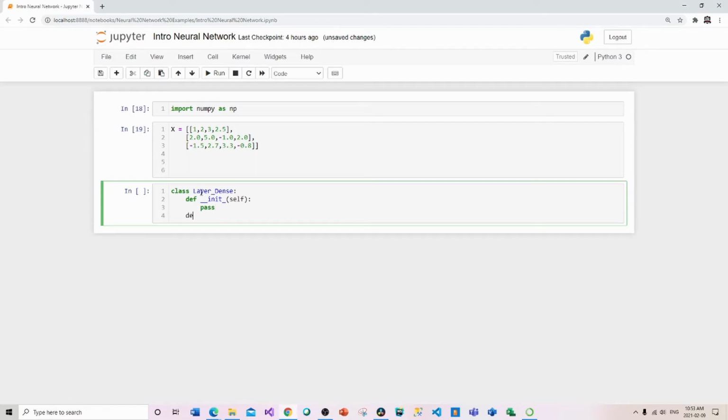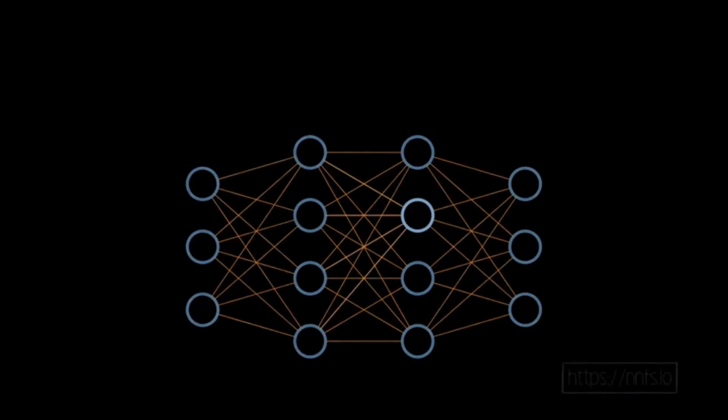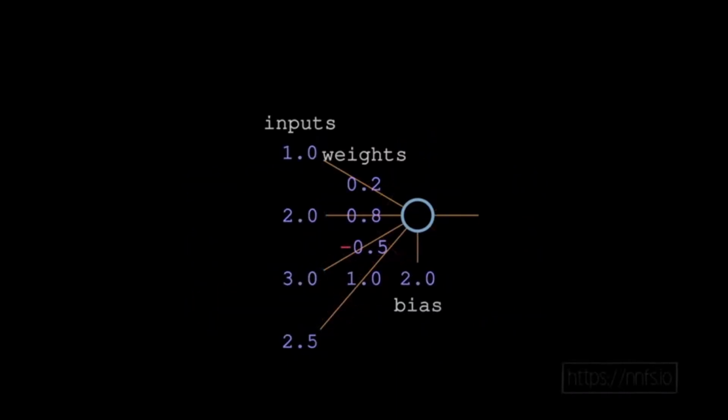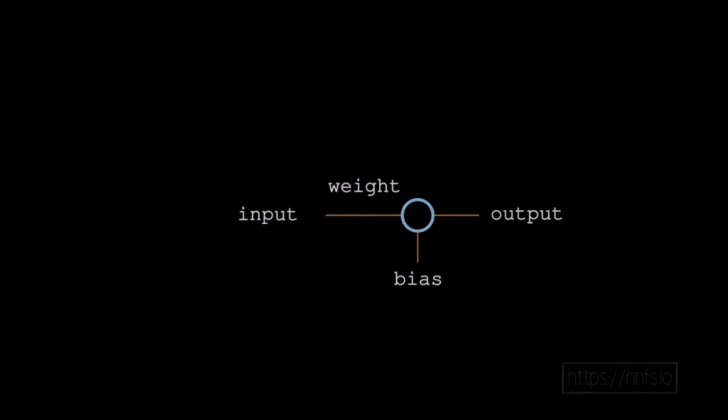Let's do another one. So def, and it'll be forward. Really we're talking about the forward pass through the actual neural network, and again, a pass. Remember what we said previously about weights and bias? We talked about them being levers.